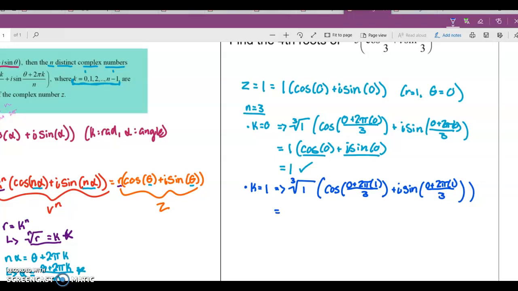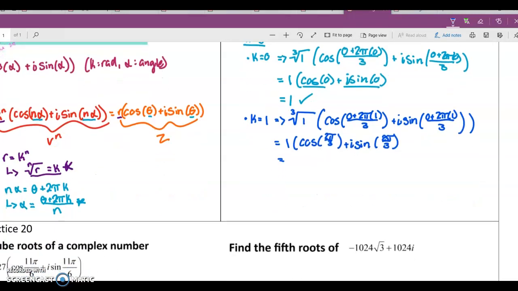Now we can simplify this down. Cube root of 1 is still 1. Now 0 plus 2 pi times 1 is just 2 pi over 3, so we have the cosine of 2 pi over 3 plus I times sine of 2 pi over 3. This is where the unit circle comes in.